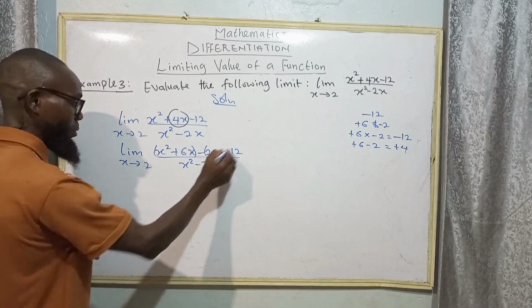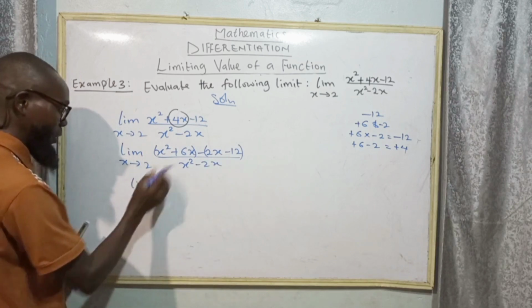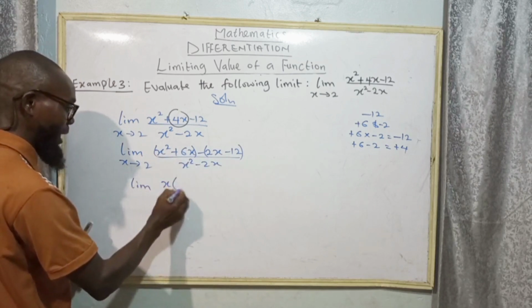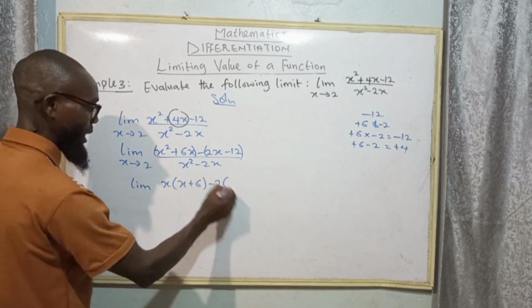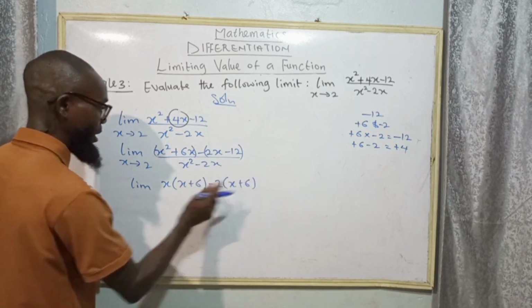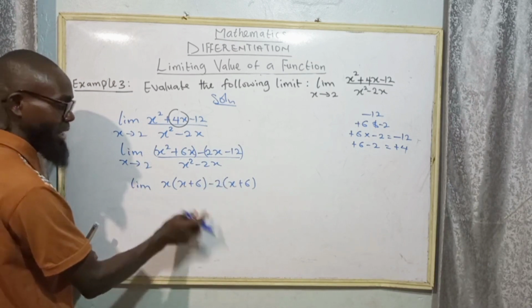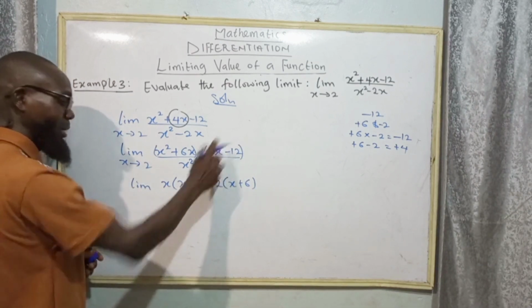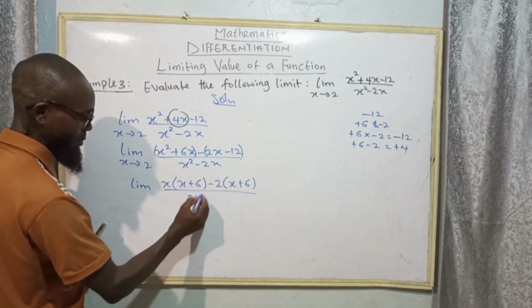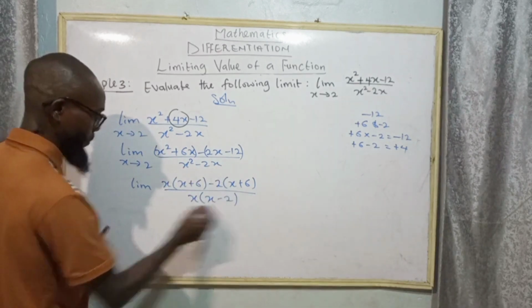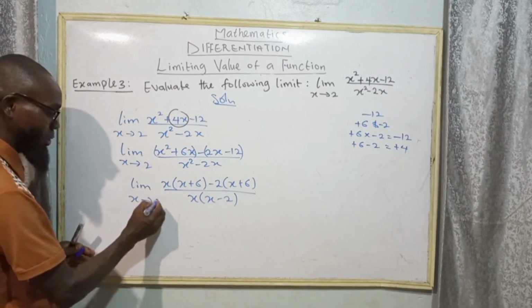Let's group. What is common here? We have x bracket x plus 6, minus what is common, 2 bracket x plus 6. Don't forget, what is in the bracket must be the same. Then minus times plus gives minus, divided by. Now look at the denominator: what is common is x bracket x minus 2, as x approaches 2.